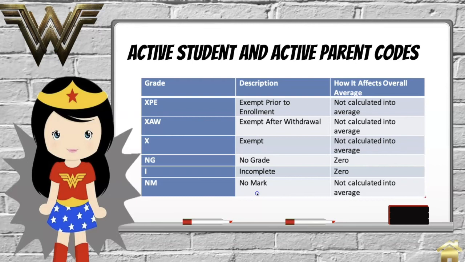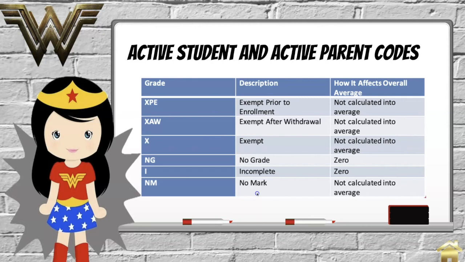How does it affect your average? It doesn't affect it at all. However, if you see an NG, which means no grade, that particular assignment is being counted as a 0 and does affect your grade. If you see an I, it means incomplete, and it is also calculated as a 0 into your average.